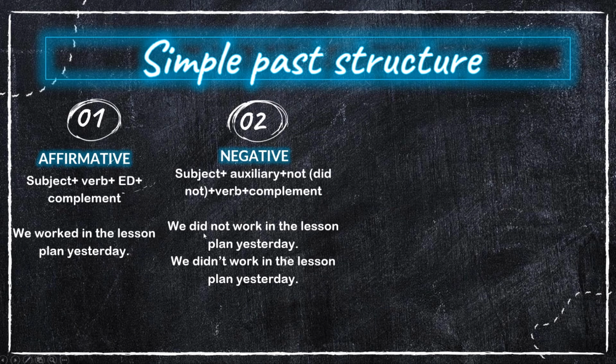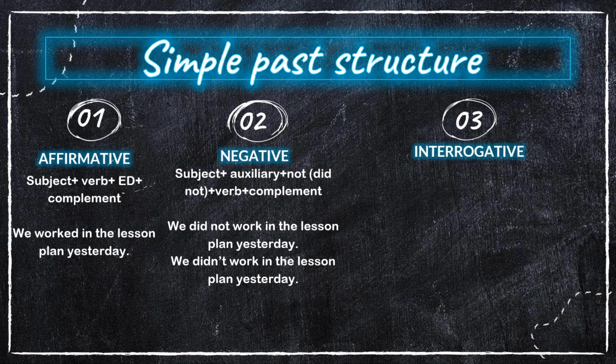This will be the long form, and this one the abbreviation or short form, right? That is almost the same. And also, if you notice here, you're going to write down the base form of the verb because you are using the auxiliary did. So here you have the negative sentence in simple past.